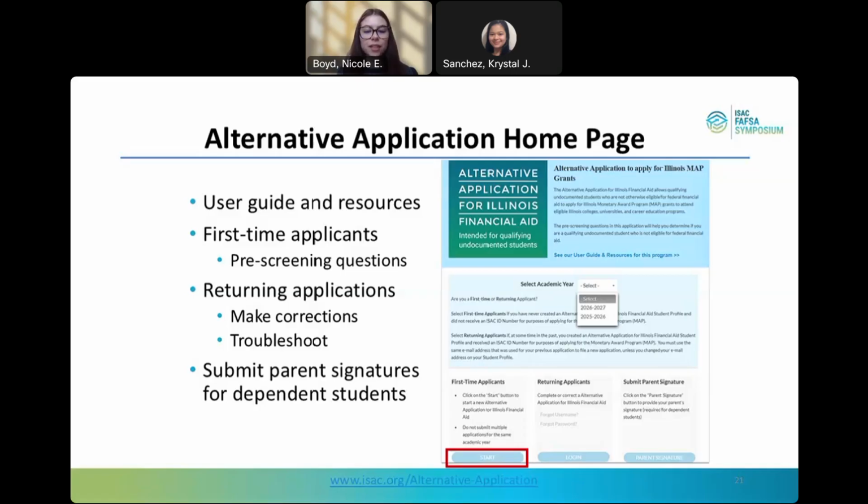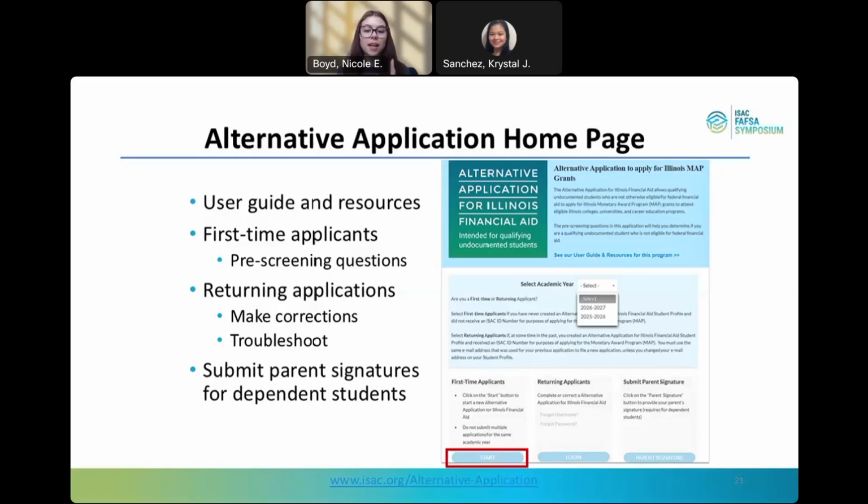And then, like I said, there are 3 different ways that they can get into the application from this page. If they are a first-time applicant, they should go to Start under where it says First-Time Applicants. This is where they're going to start their application. For returning applicants, they should go to that second option where it says returning applicants, and this is where they will be asked to log in.